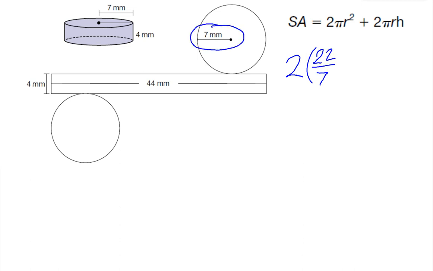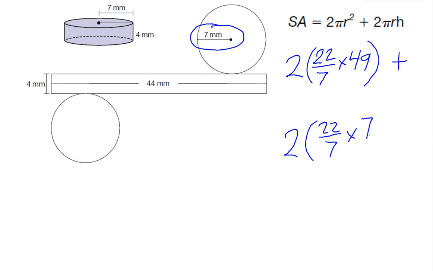My radius is 7, so it's going to be times 49, because 7 squared is 49, plus 2 times 22/7 times the radius, which is 7, times the height, which is 4. As we can see, the height is here, the radius is there. Okay?